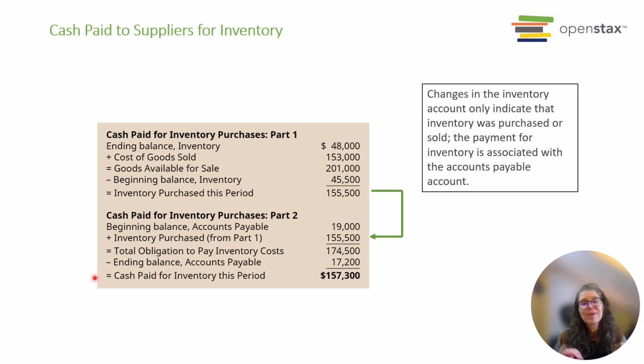So what's really interesting about this process is you'll notice there's a starting place, adding something in, gives us an equal amount, and then we're subtracting out what's left to get to our cash amounts. So really fun process. You can see this at play back in the merchandise and inventory chapters in the financial accounting book in our modules if you want a little bit more detail on this process.